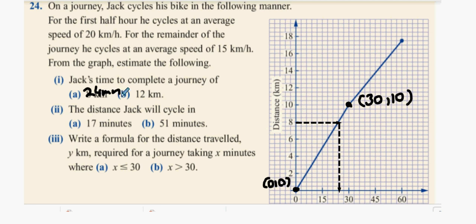Next one, 12 kilometers, guys. What about 12 kilometers? 36 minutes. No, 39. It has to be a multiple of 3, I'd say. 39.